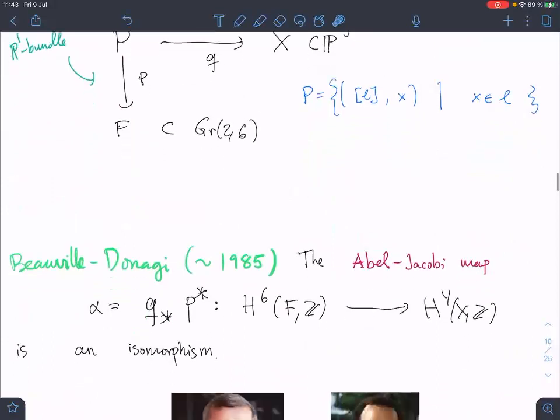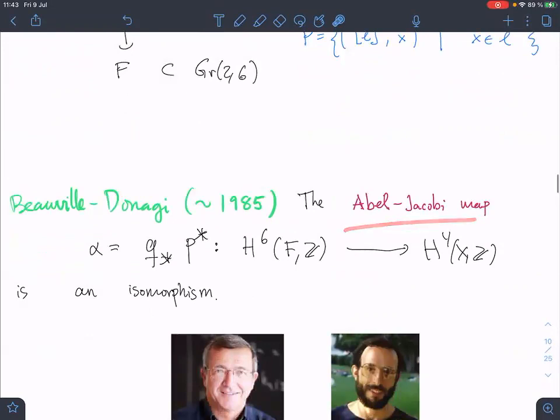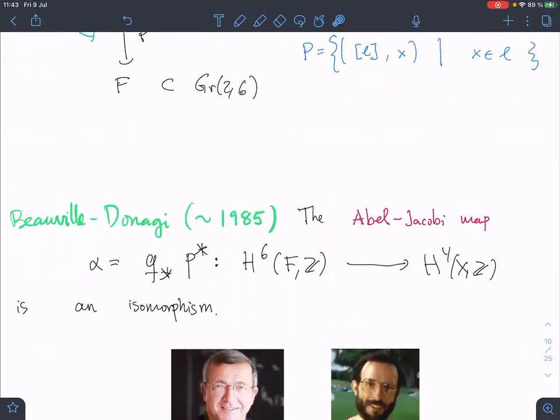Okay, so from that we can define the so-called Abel-Jacobi map, which is a map from H^6 of the Fano variety of lines to H^4.